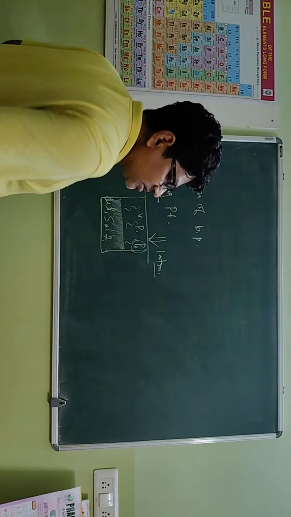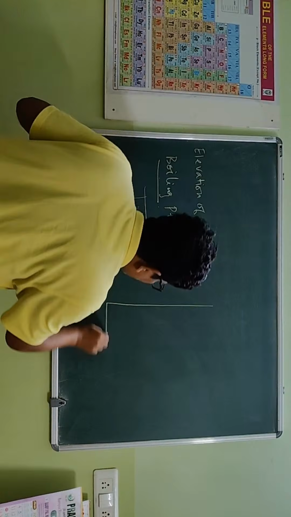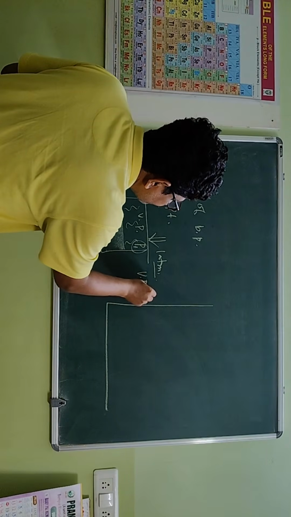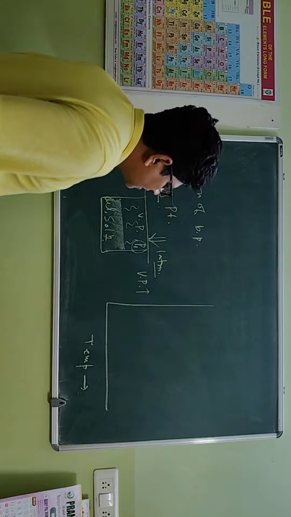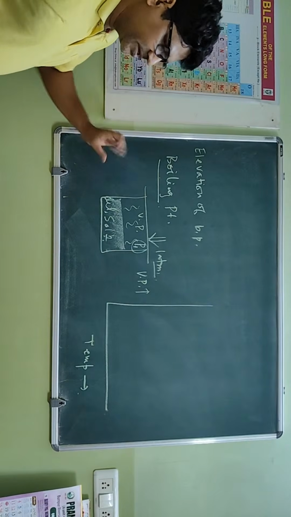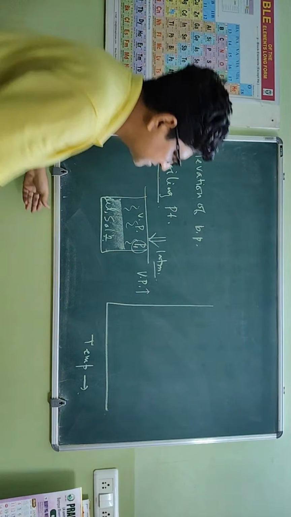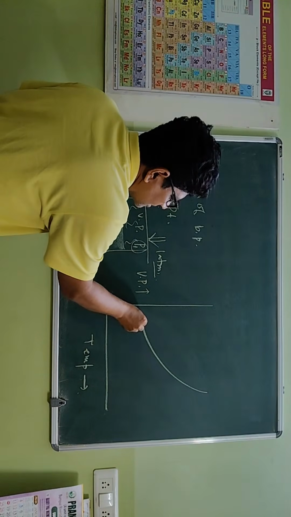We can easily understand this picture with the help of a graph, the vapor pressure versus temperature graph. For liquid, this vapor pressure versus temperature graph is this curved line.